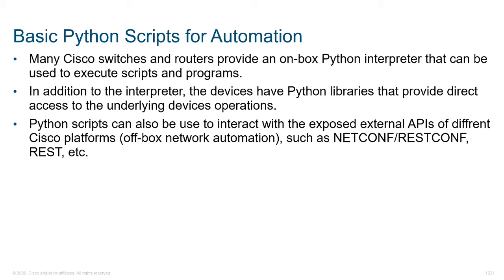So anytime we're looking for on-box interpreters or things like Python libraries for direct access, these Cisco devices can support all of them, right? So a lot of times we're going to be using those Python scripts to be able to interact with any of those external APIs or any of the off-box automation, like the REST and the NETCONF.